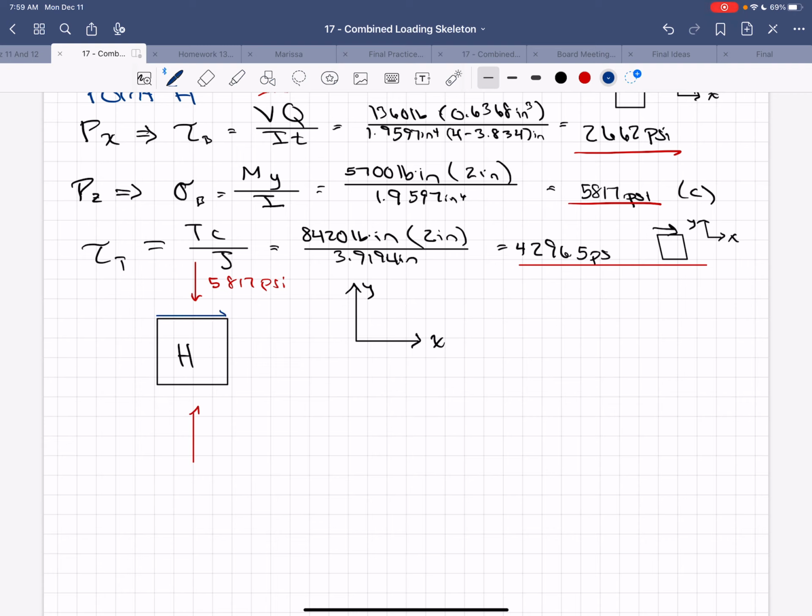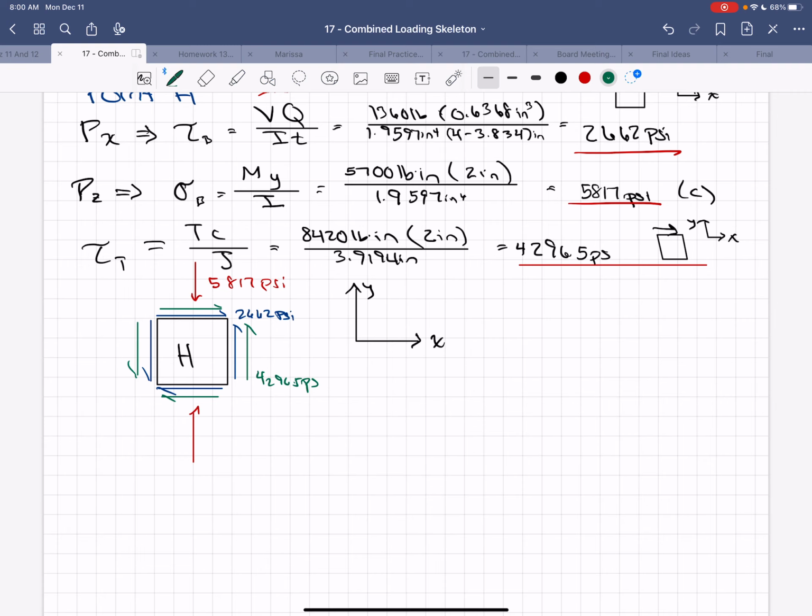We have the bending shear stress, which is 2662 psi. Then we have the torsional shear stress, which goes in the same direction. And that one is 4296.5 psi.